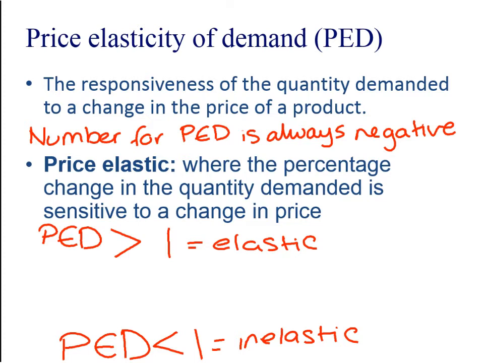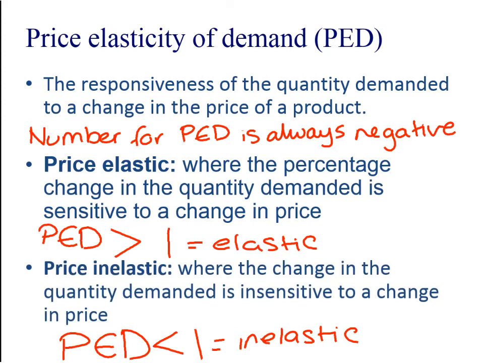So a small change in price, say a 10% change in price, will cause a greater percentage change in the quantity demanded. Whereas if your elasticity figure starts with 0 point something, that means it's price inelastic. So the quantity demanded is insensitive to a change in price. So if the price is changed by 10%, the quantity demanded is going to change by less than 10%.